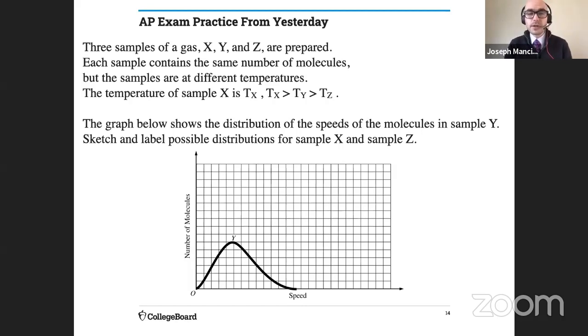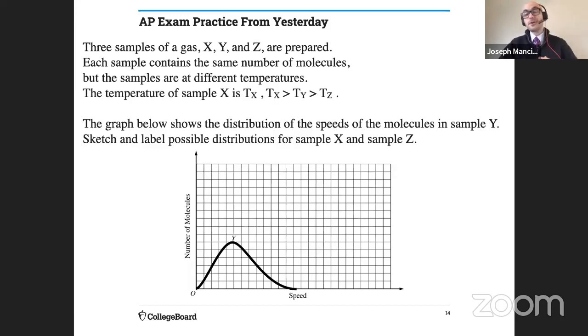Well, what would that look like if a gas with the same number of molecules had a higher temperature? Well, there are two clues in there. The higher temperature means that the spike in that graph, the maximum number in that distribution, is going to be shifted rightwards along the x-axis. It's going to be at a higher average speed, but also each gas contains the same number of particles.